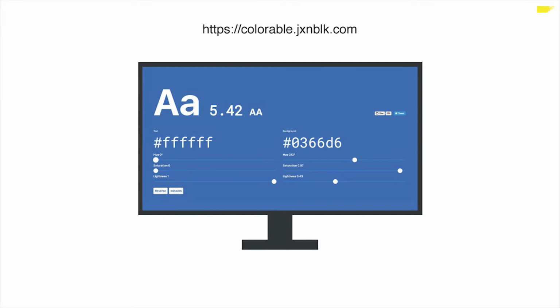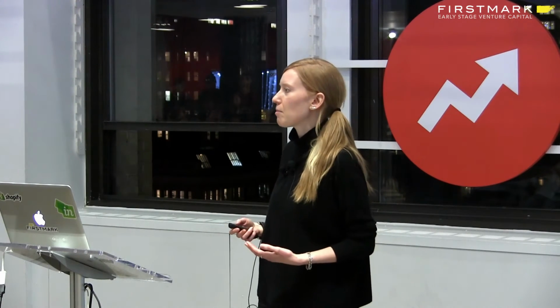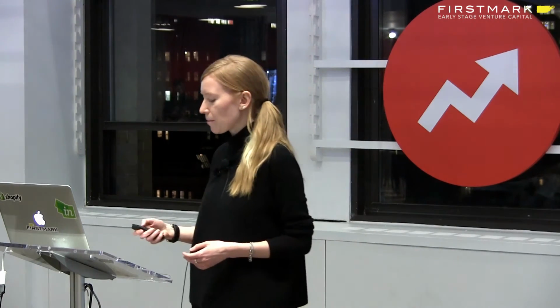Colorable, I used for color contrast testing and also to compare colors. So it was important to me to know at what level colors passed, so that I knew how those colors could be used. And it was also handy for me as I was starting to implement the new system to compare old colors against new and say, okay, they're very close, I think we can swap those out.